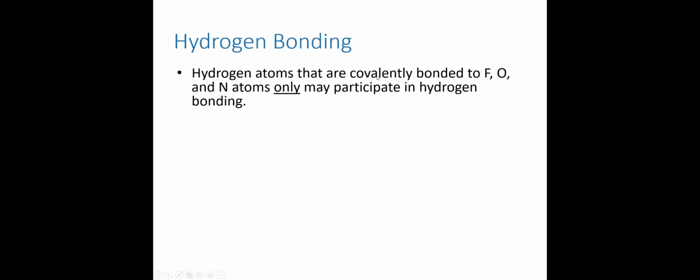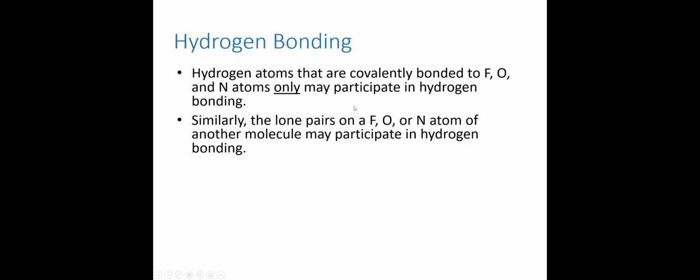So hydrogen atoms that are covalently bonded to fluorine, oxygen, or nitrogen can participate in hydrogen bonding. Hydrogens bonded to carbon, to sulfur, to bromine cannot make hydrogen bonds. Some people put chlorine on that list, but that's unusual. So we're just going to keep it F-O-N. So we say hydrogens on the F-O-N.